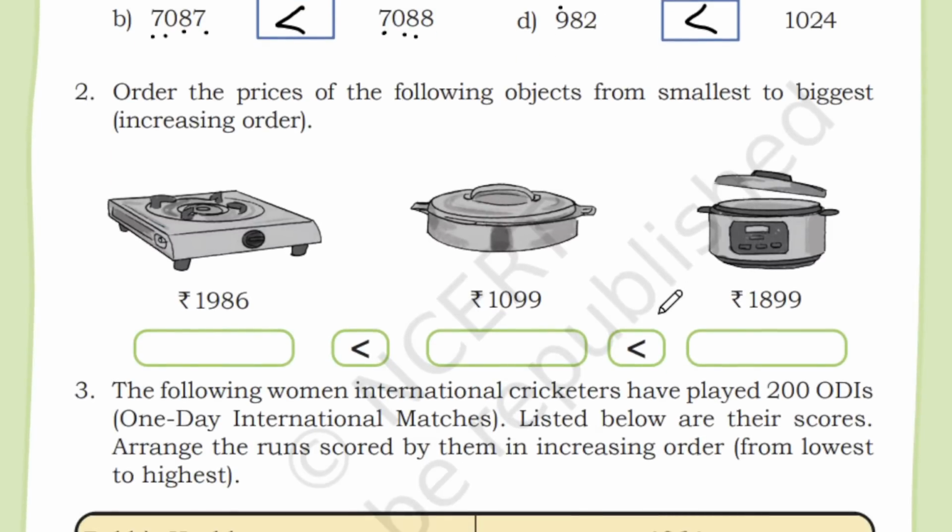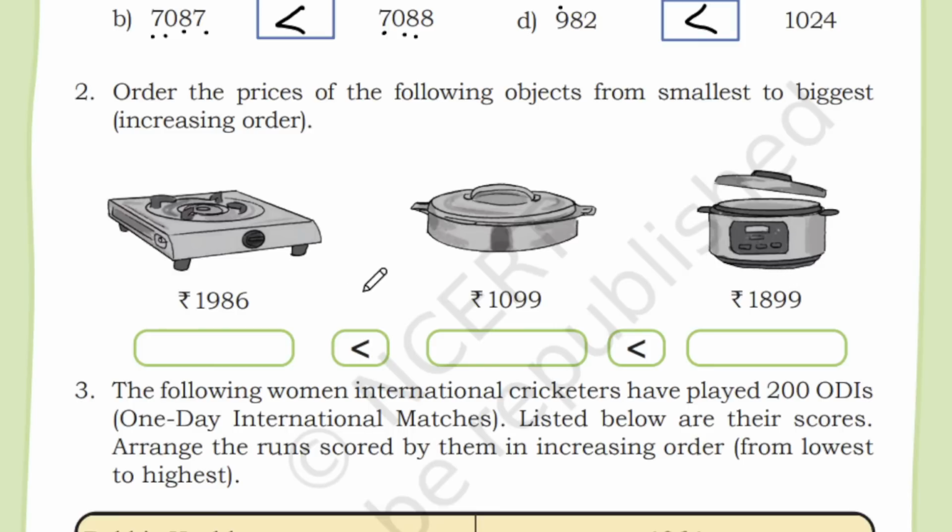Okay. Order the prices of the following objects from smallest to biggest. So we have a stove here which is 1986, and here we have a hot pack 1099, and here we have an electric hot pack, maybe it's 1899.